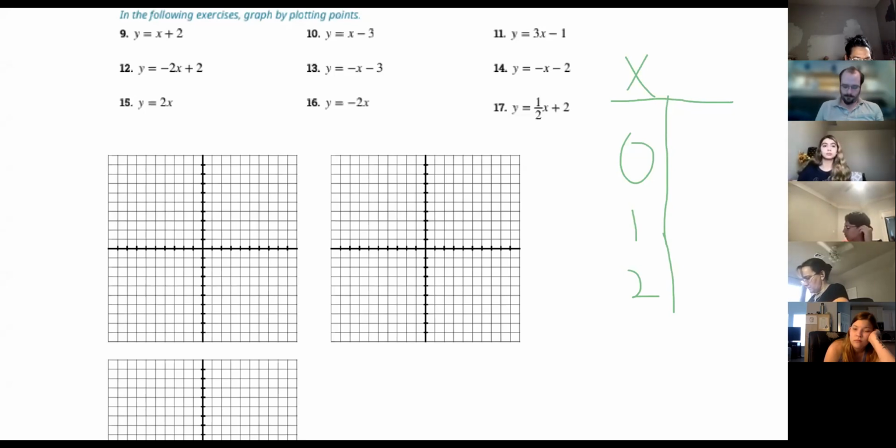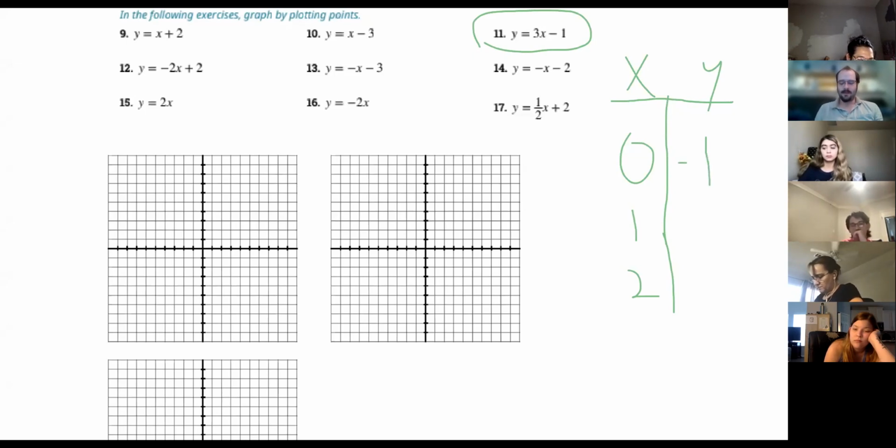Mine plotted 1 and 3. If we plug in 0 to 11, what is that going to give us? I had 0, got -1. So 0, -1.